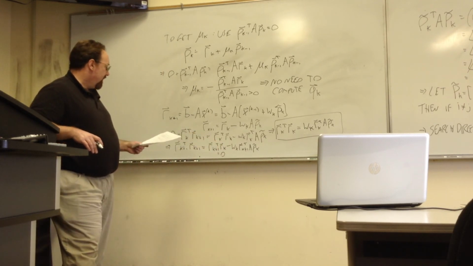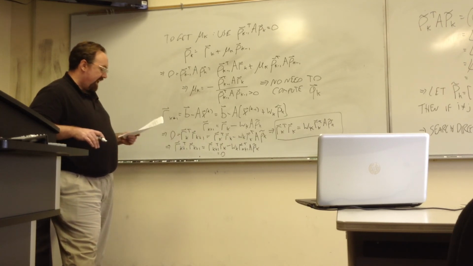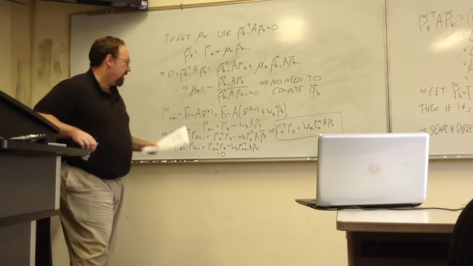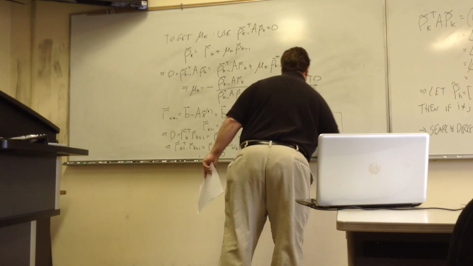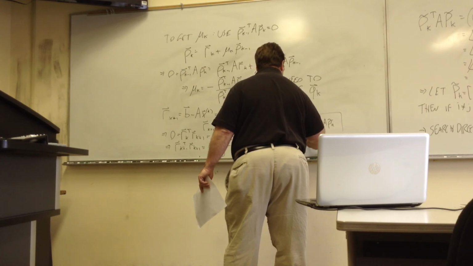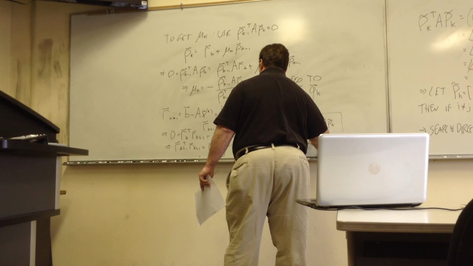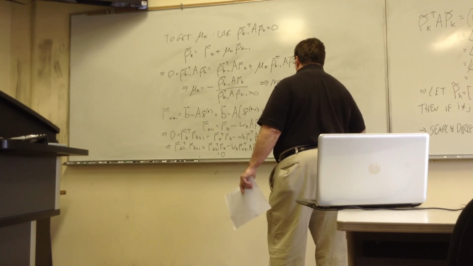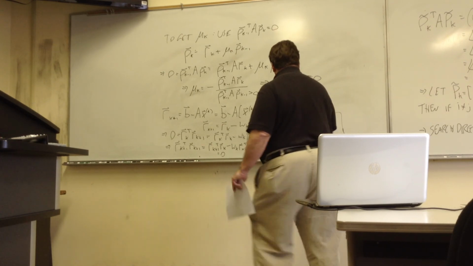So if I take all the indices in this equation and shift them down by 1, then I have Rk transpose Rk is equal to minus Wk minus 1 Rk transpose A P tilde k minus 1. Okay.